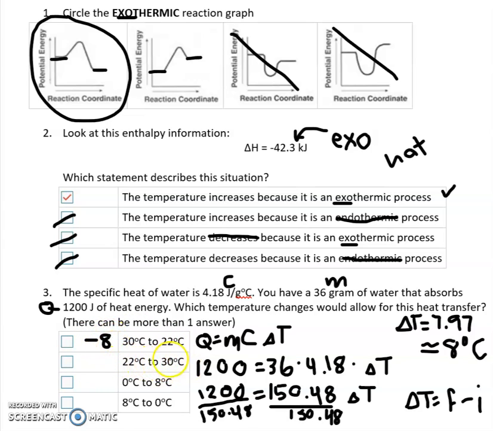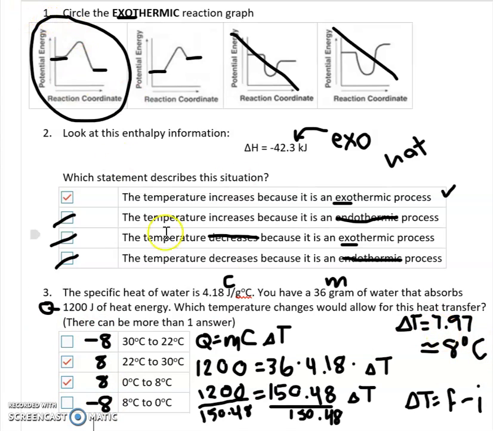On this one, final is 30, initial is 22. 30 minus 22 is 8. 8 minus 0 is 8. 0 minus 8 is negative 8. So out of all of these changes in temperature, the only ones that actually equal 8 degrees Celsius, final minus initial, are B and C. These other ones equal negative 8, and that is not what we found that we needed our delta T to be.